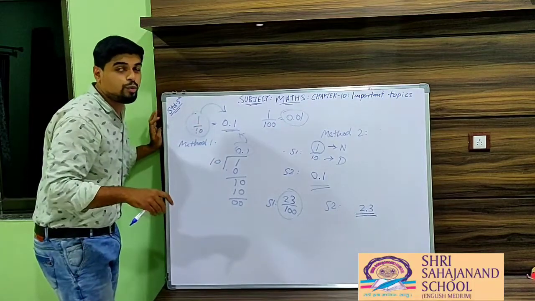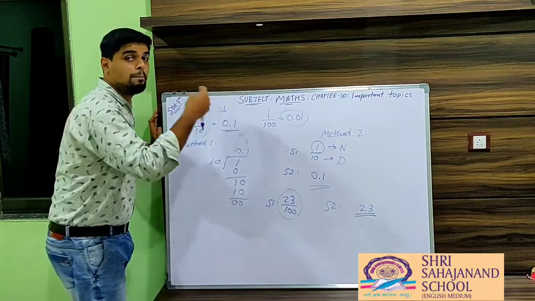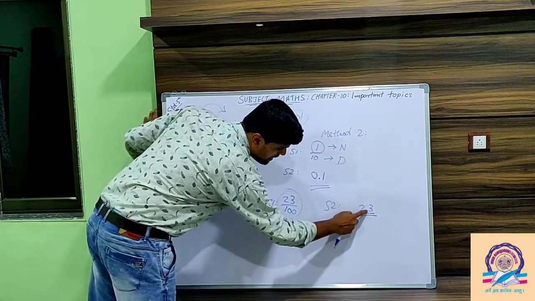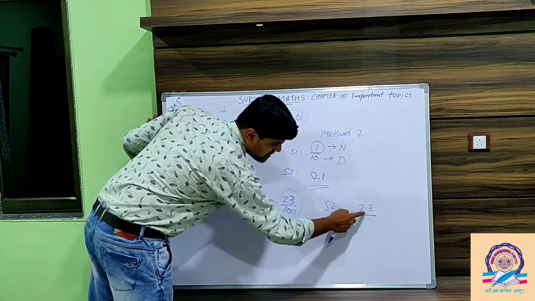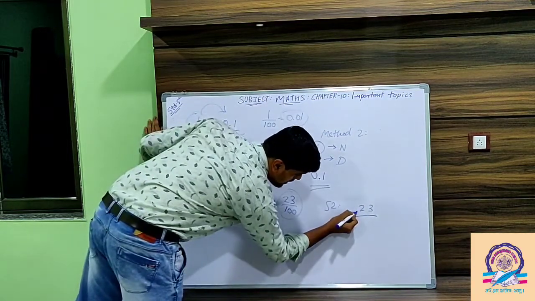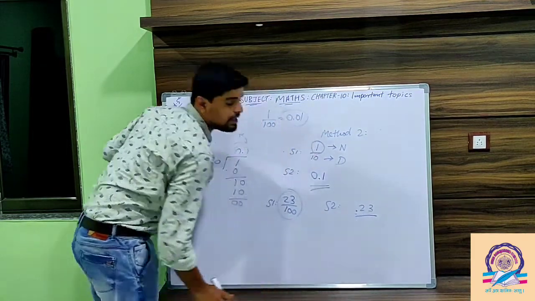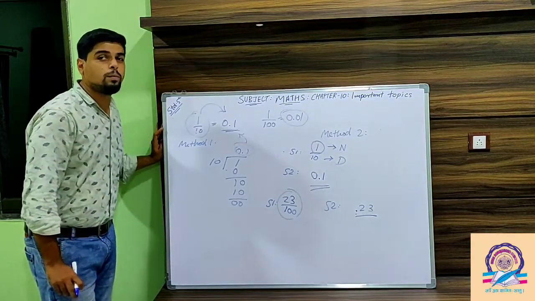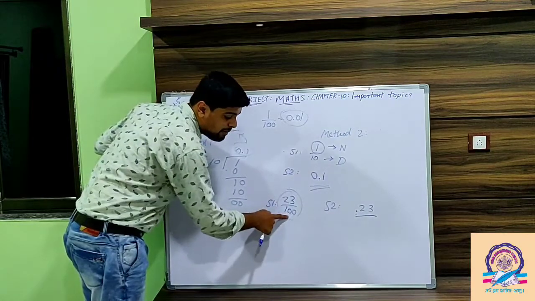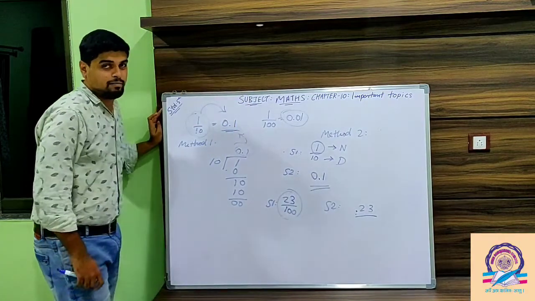So I have to put the decimal point before 2 digits. So the decimal point will not be here. The first digit is this, the second digit is this, so my decimal point will be here. Now it is clear to you how to put the decimal point. The decimal point depends on the number of zeros in the denominator.